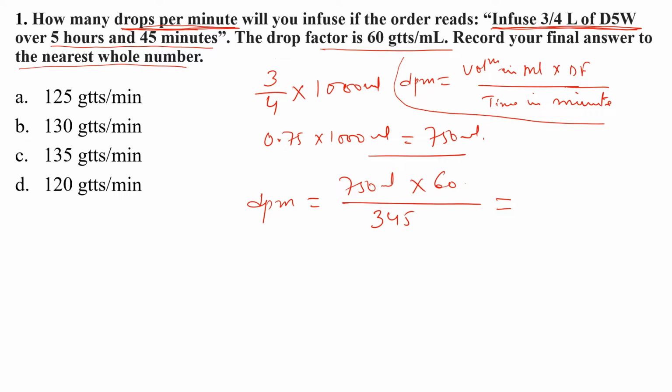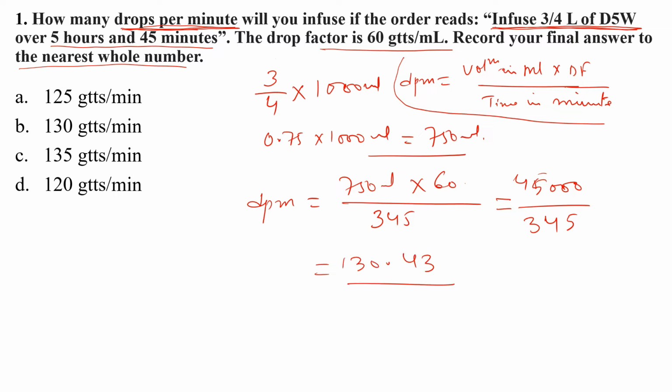So if we multiply 750 by 60 we will get 45,000, divided by 345. And if we divide 45,000 by 345 we will get 130.43.